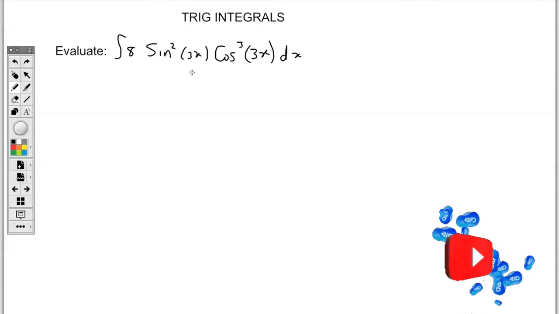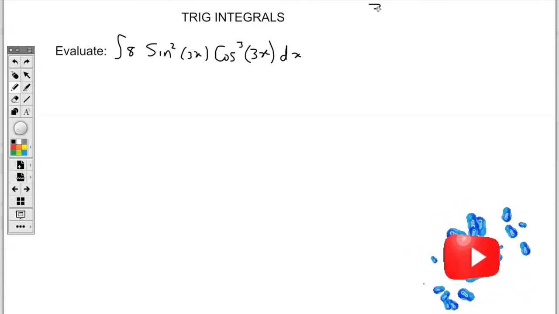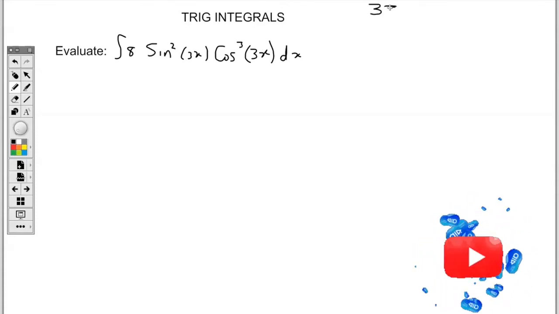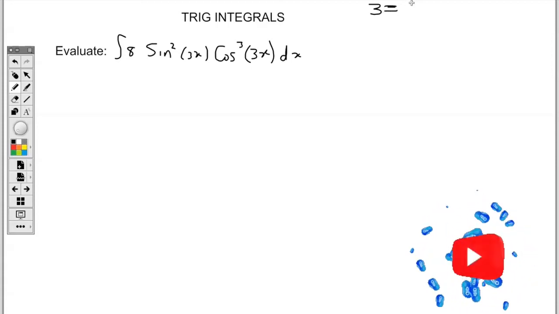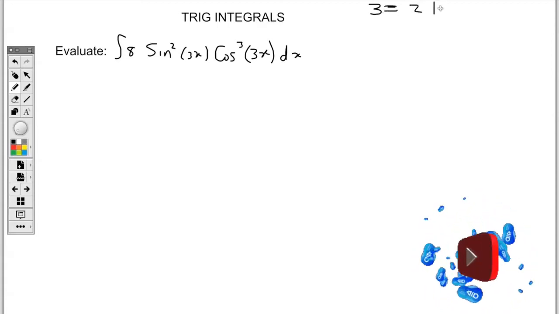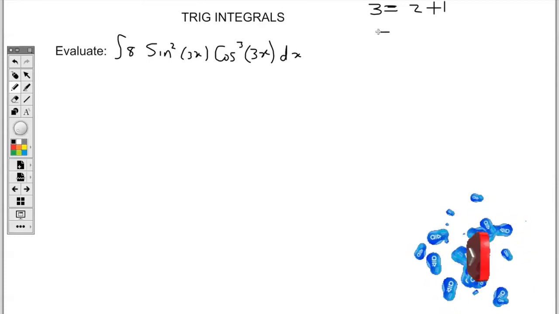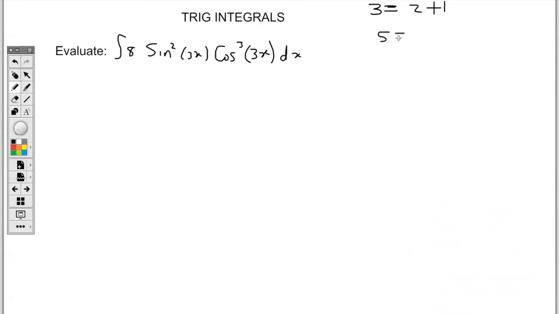That's what I want, even plus 1. So having the number 3, decomposing it to have an even plus 1, I would have 2 plus 1. If I had the power to be 5, I will decompose it to have 4 plus 1. So this I will be decomposing because this is the one with the odd power.